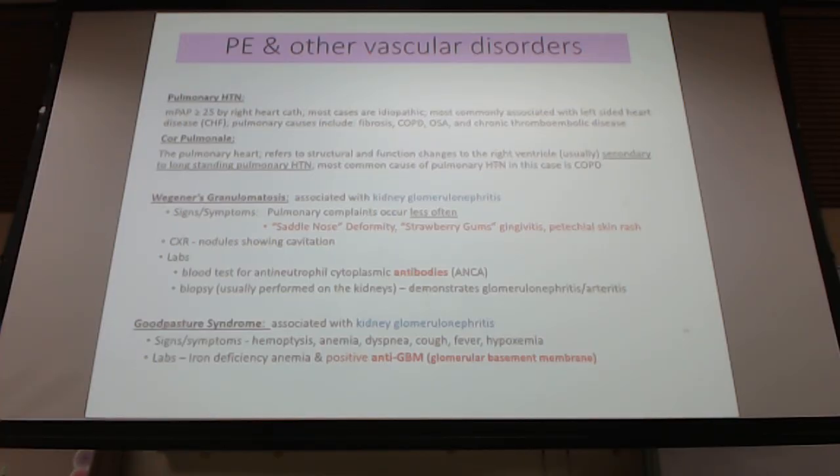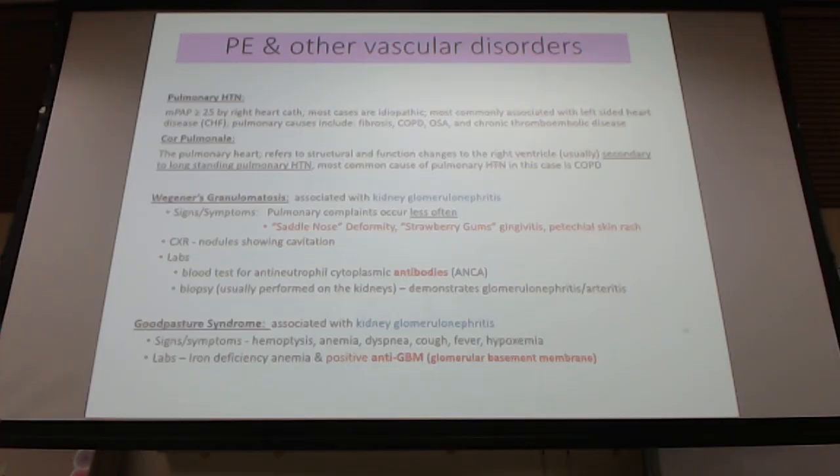This is not something you can check peripherally like a blood pressure. And then, big thing I want you to remember is that cor pulmonale is the term we use to describe the physical changes to the right side of the heart. So the term means pulmonary heart. So it's those changes from that pressure being very, very, very high in that pulmonary artery, which is full of deoxygenated blood.